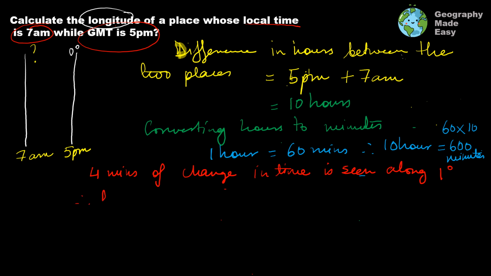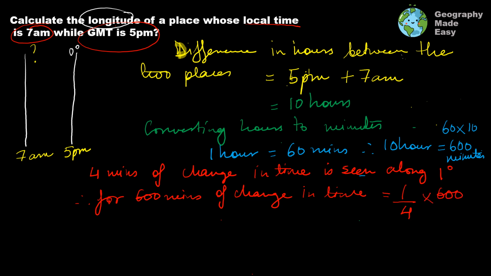Therefore, for 600 minutes of change in time, it is 1 by 4 into 600.